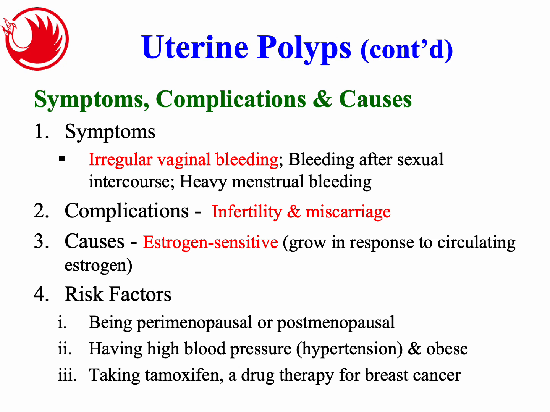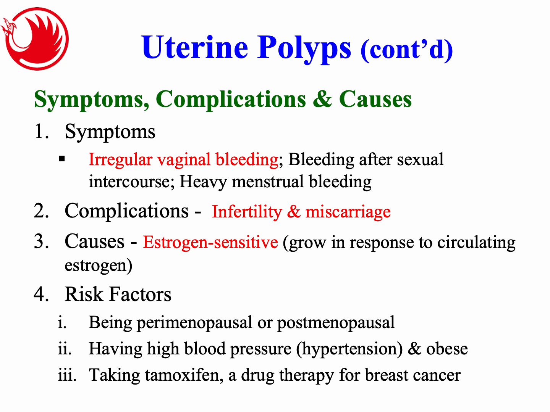Researchers do not know why polyps form, but hormone levels may be a factor. The hormone estrogen might play a role in promoting their growth because they are estrogen sensitive.